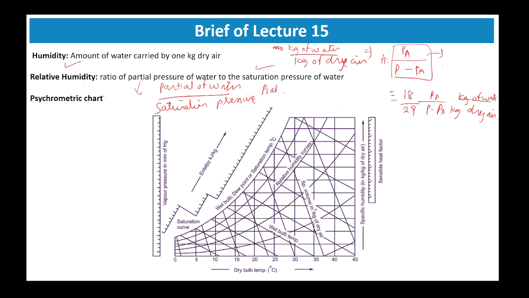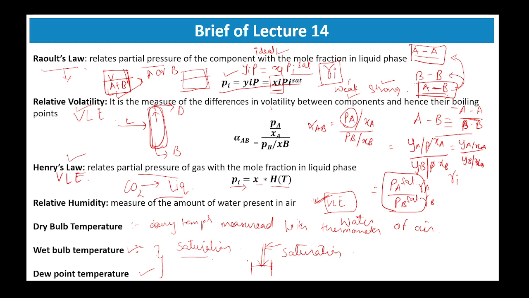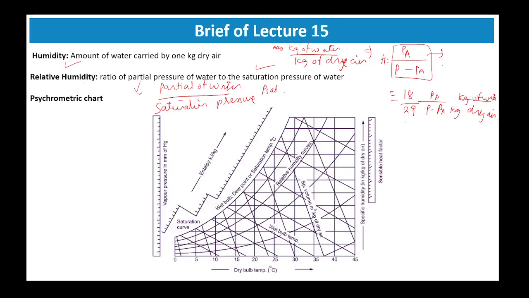So depending on that, the terms which I discussed in the previous slide, dry bulb temperature, wet bulb temperature, dew point, relative humidity, and there are many more terminologies like specific humidity, specific volume, enthalpy, etc., which are calculated from a chart. This chart is known as the psychrometric chart.